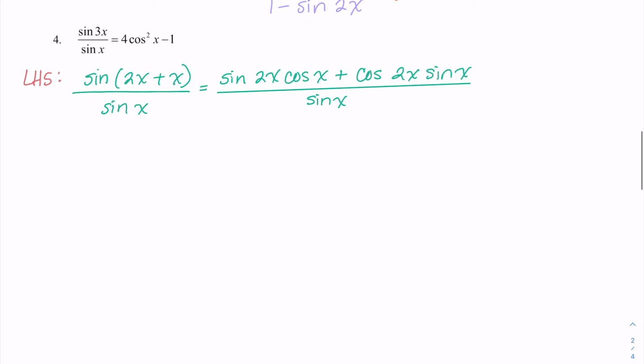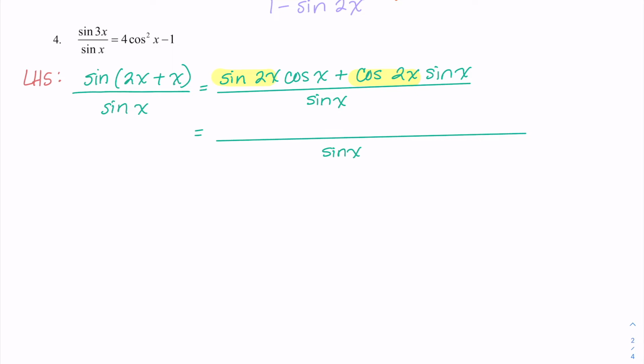Okay, so now we're going to apply the double angle formula here, here and here. Okay, so I'll do those in a different color so that you can see that. Okay, and we're still going to have the sine of x in the denominator.